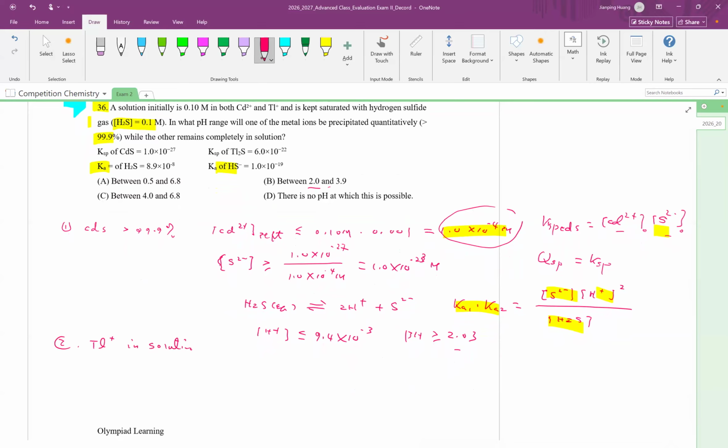So in other words, it's the QSP. And that should be equal to KSP. See, that should be equal KSP. Follow with me? Right?